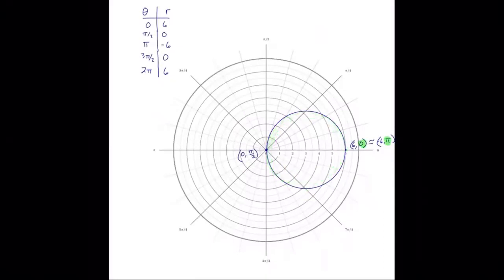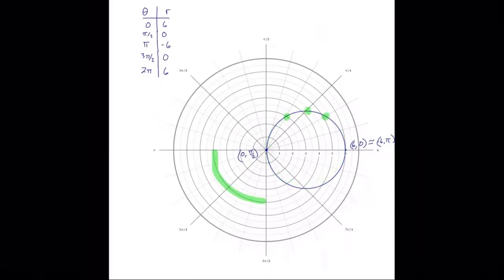Now, if we go from 0 to 2 pi, we just repeat. It just draws over itself. It does a second lap through there. And you can confirm that by doing points in the third quadrant here, which should reflect to these points here when you plug them in.